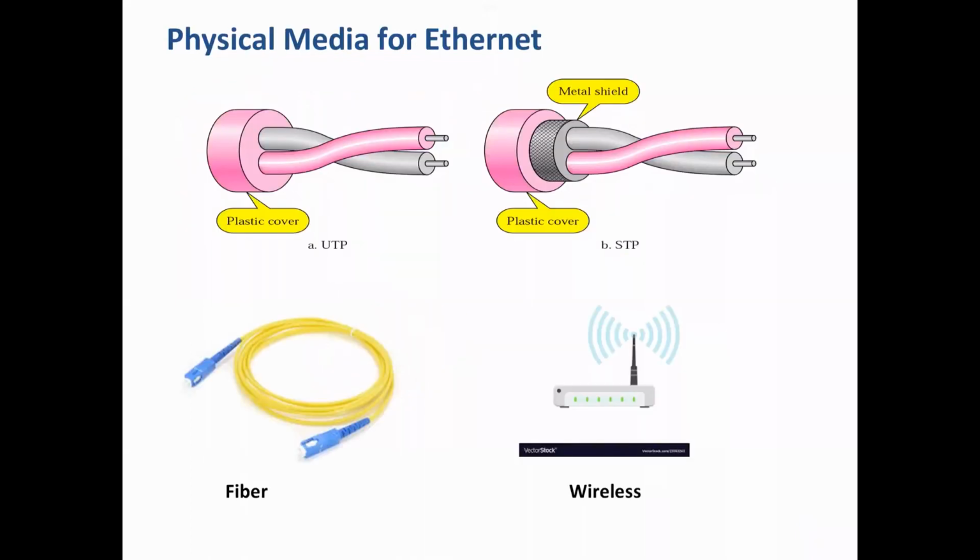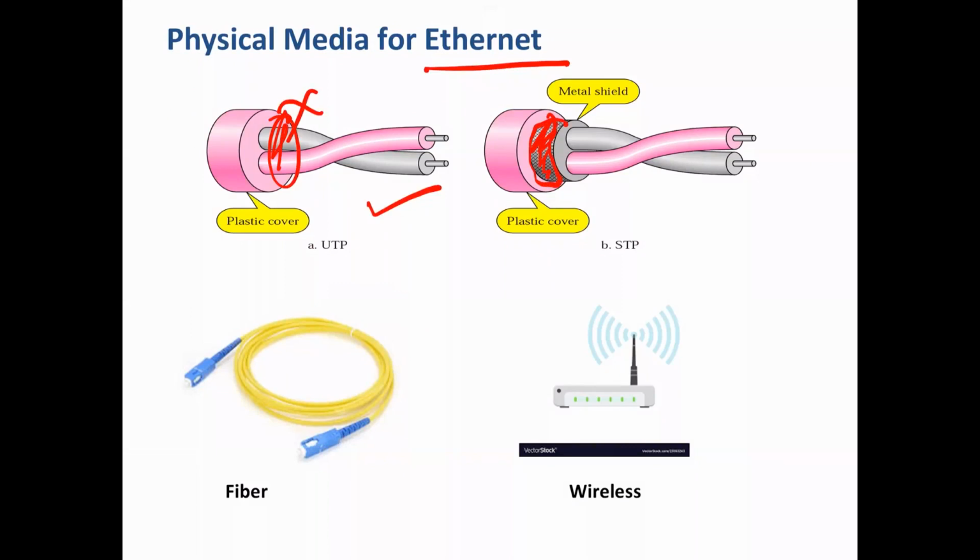Now the physical media for Ethernet has been changing also, right? It started with unshielded twisted pair. This is the cheapest kind of pair, where there's no shield to reduce interference. Then came shielded twisted pair, where a shield was used to reduce interference.